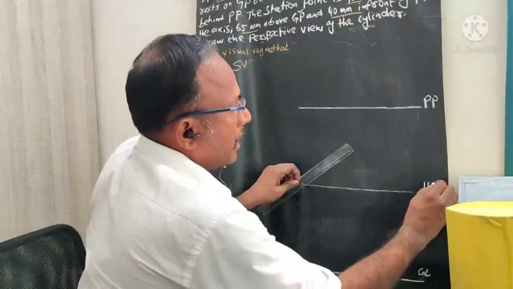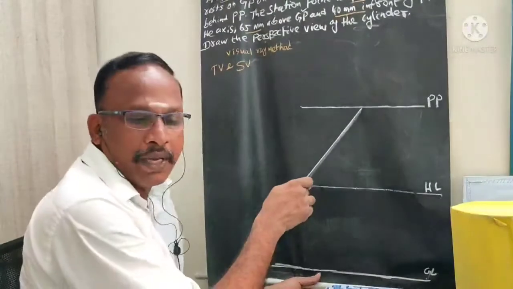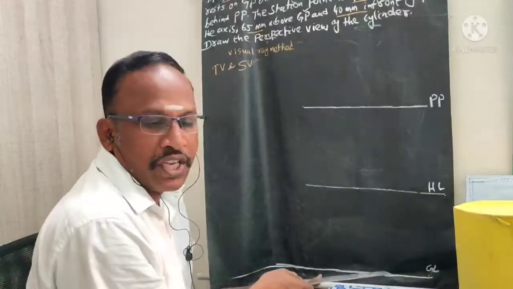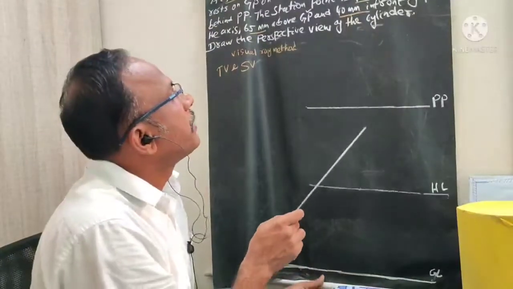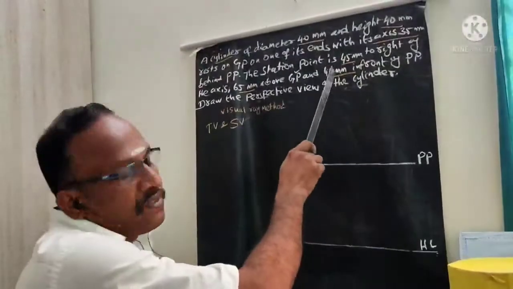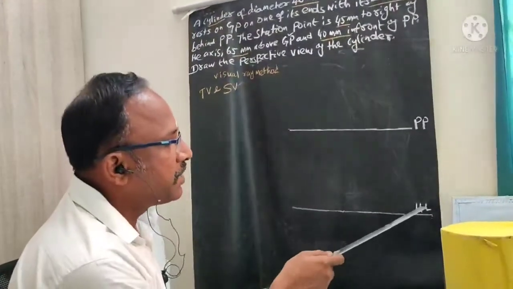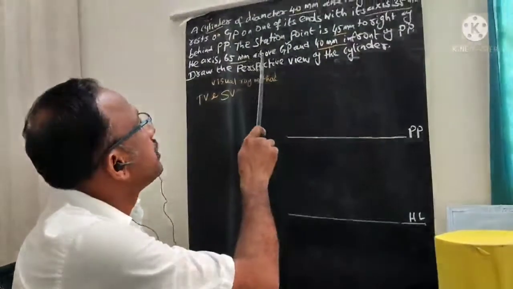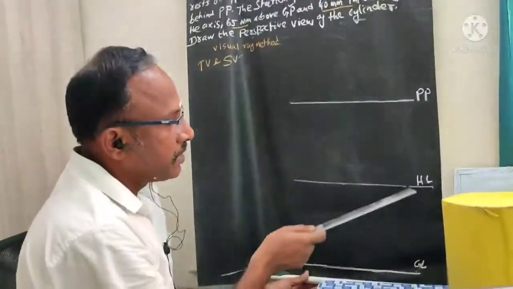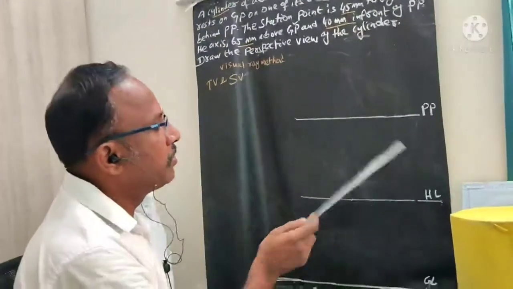HL is the horizontal line. So first draw 3 parallel lines: one is the PP line and another is the GL line. The distance between PP and GL is approximately more than 65 plus 40, that is 105 plus 20, 125. And the third line, the HL line, is above GL, because it is given 65 mm above GP. That is the station point, eye point, viewer point.